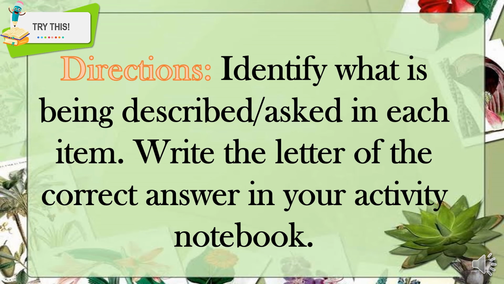Let us try to answer this pretest to measure how much we know about this lesson. Directions: identify what is being described or asked in each item. Write the letter of the correct answer in your activity notebook.